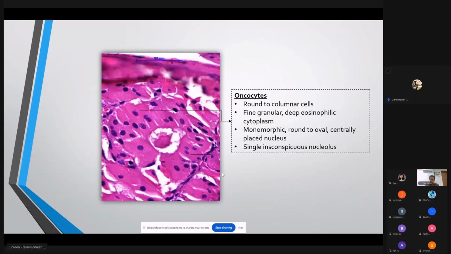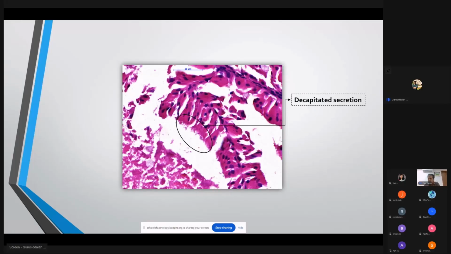There are dominant oncocytes seen, which are round to columnar cells with fine granular deep eosinophilic cytoplasm, and monomorphic round to oval centrally placed nuclei, each with a single inconspicuous nucleolus. There are a few decapitation secretions seen in focal areas.